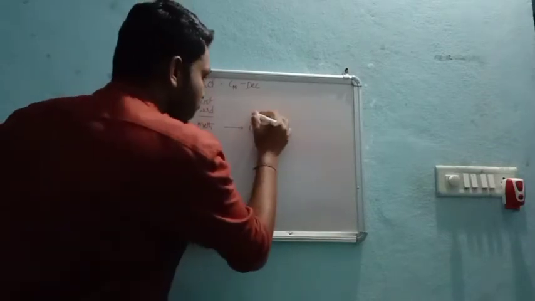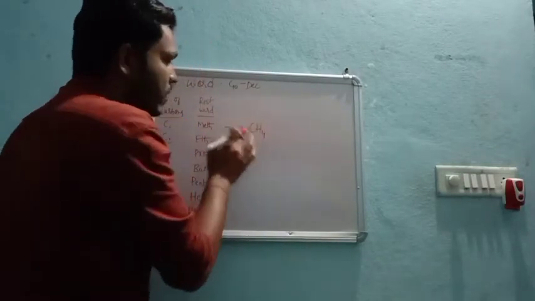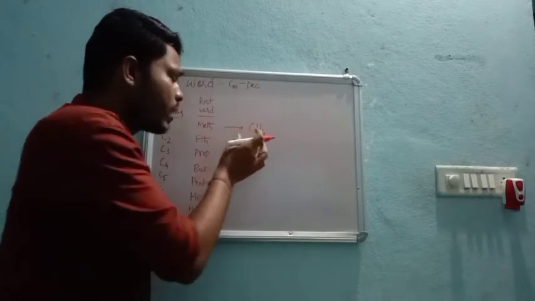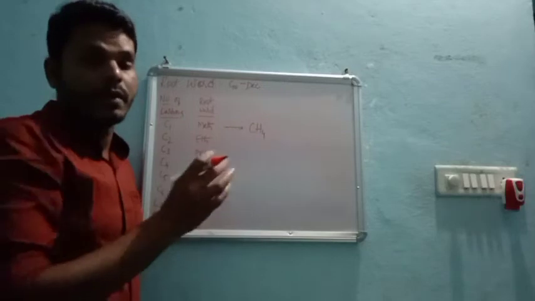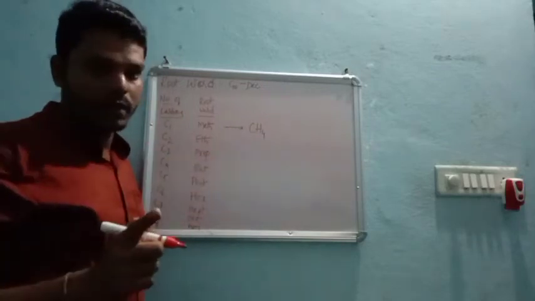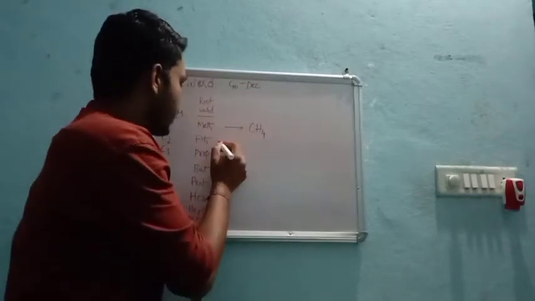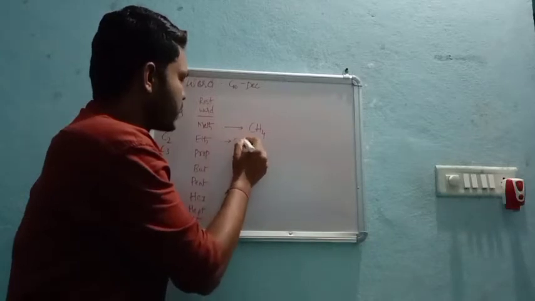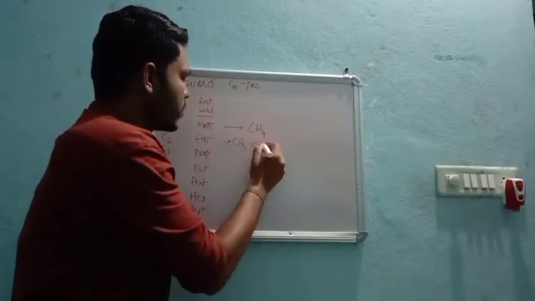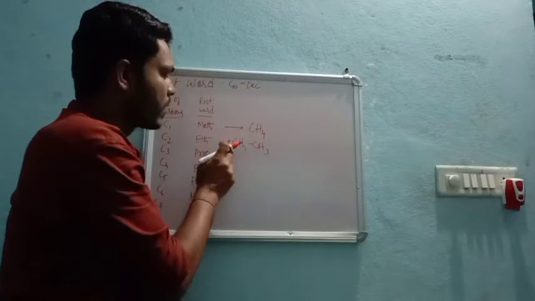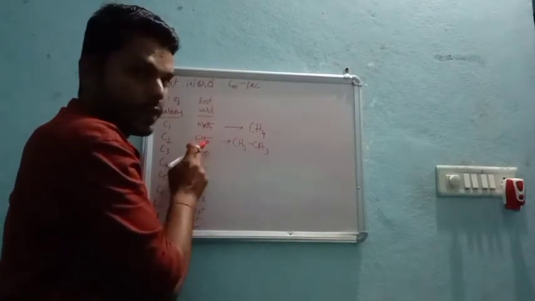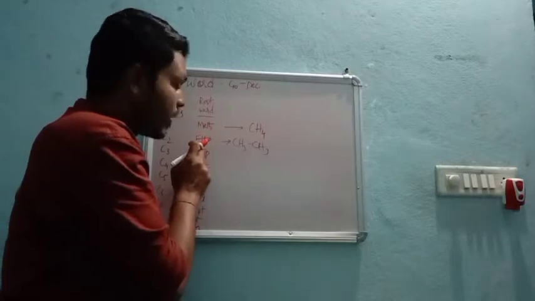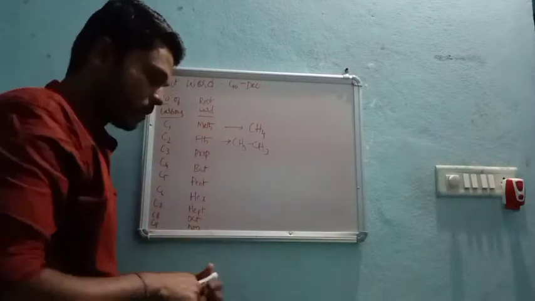After seeing this compound, how many carbon atoms are present? Only one, right? Like this. If two, like this, CH3, CH3, how many carbon atoms? 1 and 2. If 2 are present, then what prefix should we use? Eth, right? So like this.